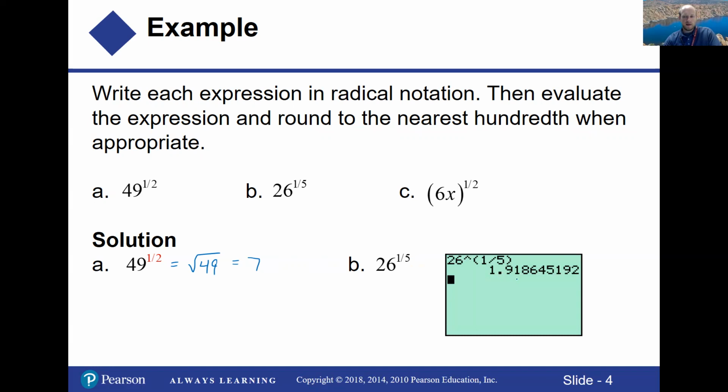It'll be about 1.9186. In this case, they want us to round to the hundredth. So the hundredth place is right here, and we always look one to the right, in this case at the 8. So this is really going to be 1.92.